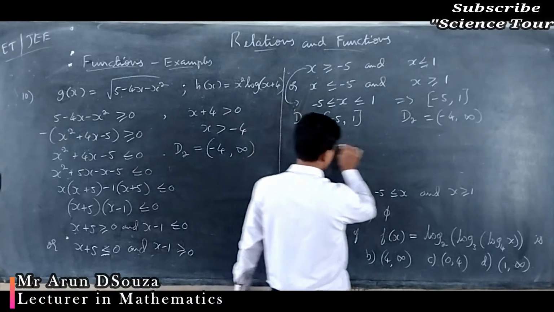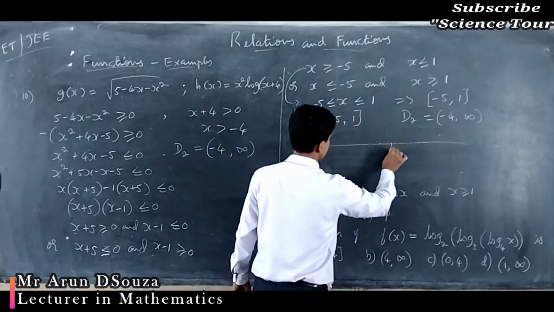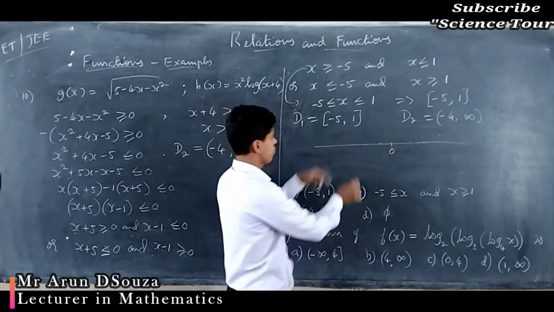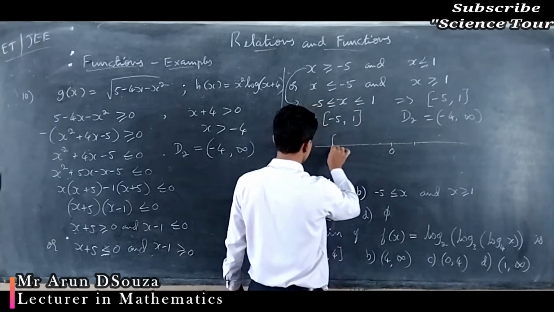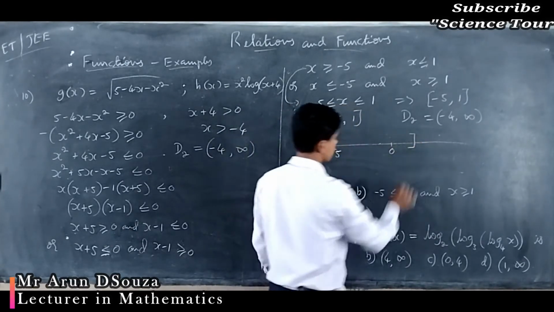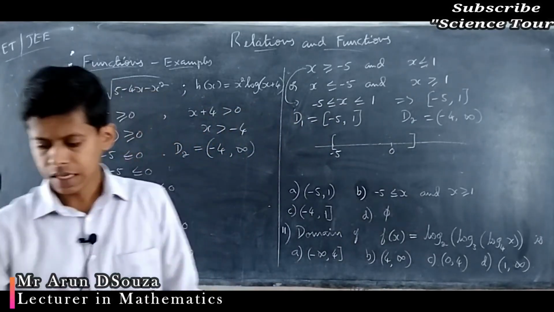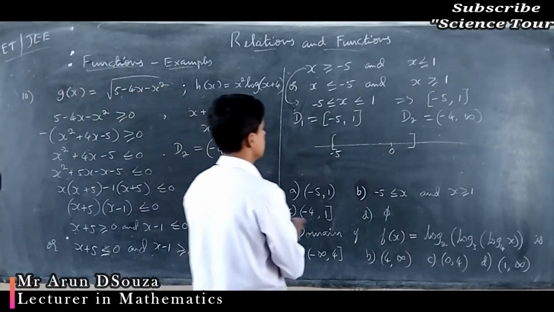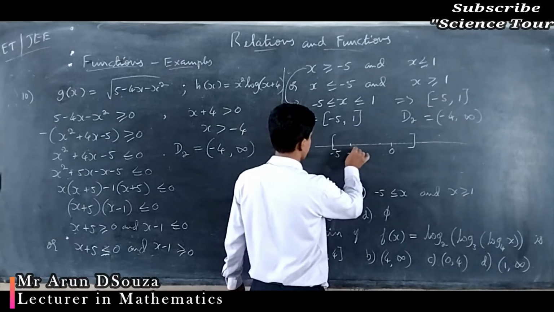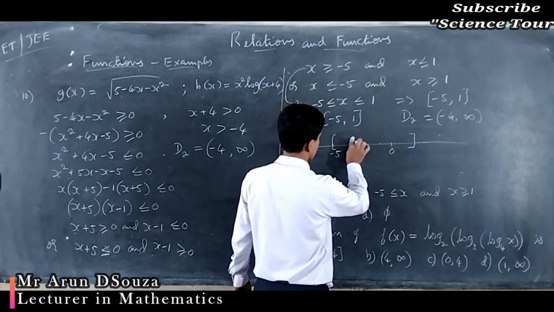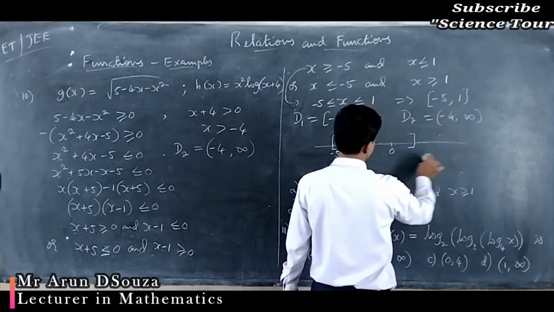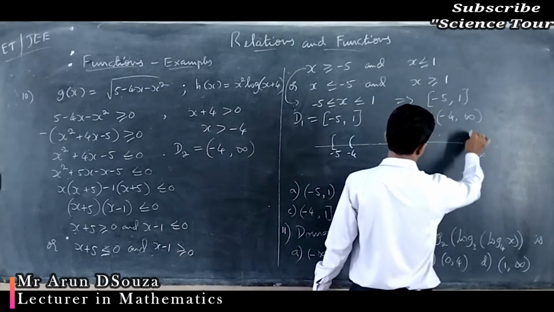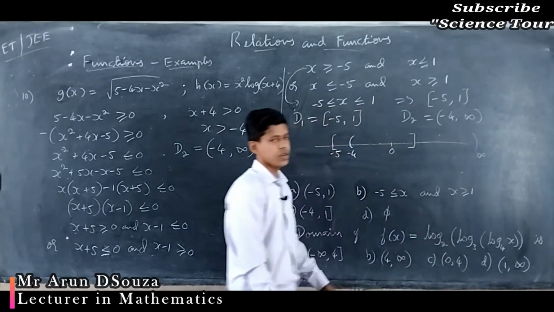So let me draw the real line. You have minus 5 and 1. So this is one region, and the next region that you have is minus 4, an open interval, till positive infinity.